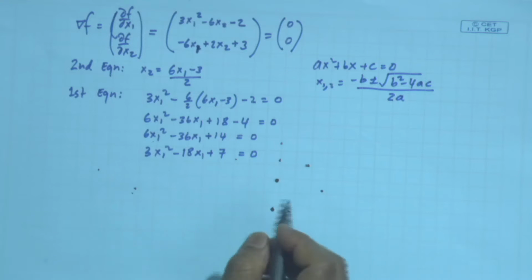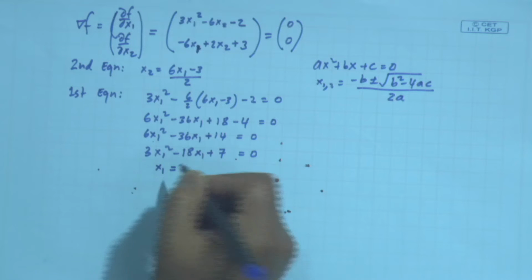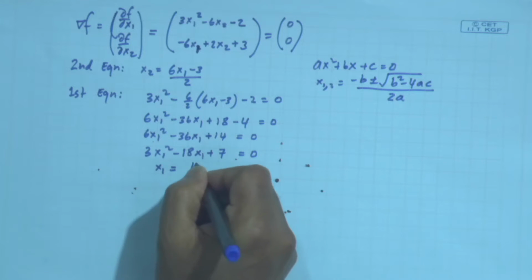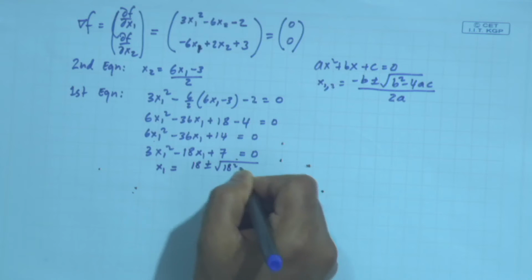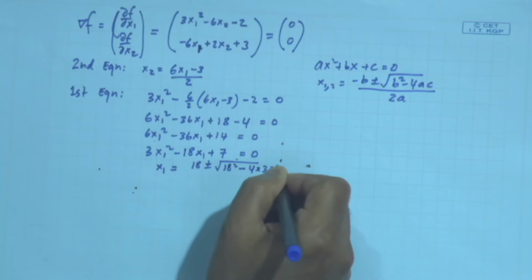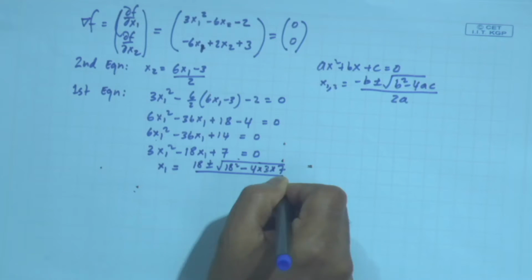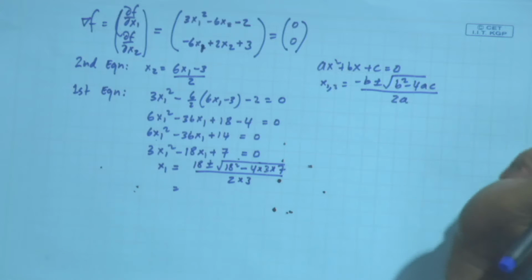So apply that here and you will get two values of x1. You need a calculator, I think. So what are the two values?